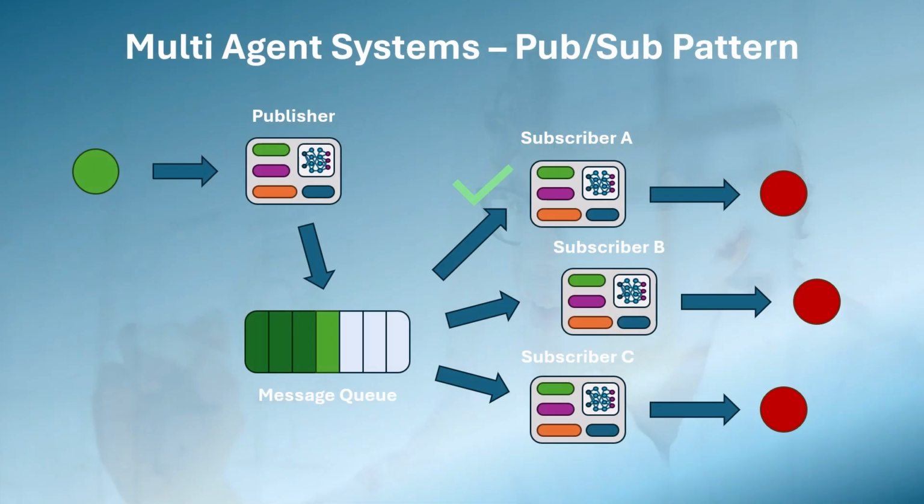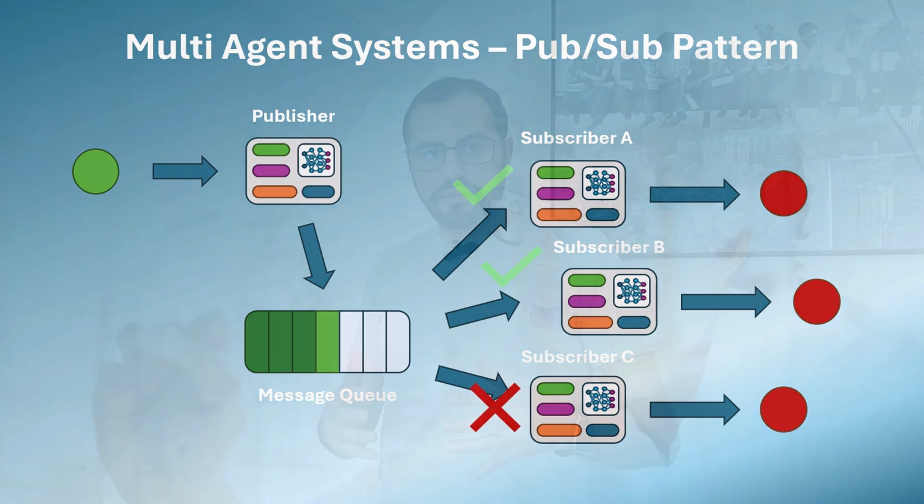There is a message put somewhere, and if you have three subscribers, subscriber 1 might decide, this information is important for me, let me continue. Subscriber 2, yes, this information is also important for me, let me continue. But then the third may say, okay, this is not relevant for me, I will not do anything. So this brings flexibility in terms of having multiple paths or multiple agents dealing with the same information.